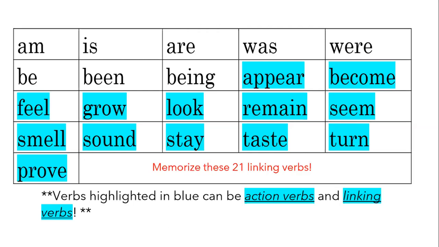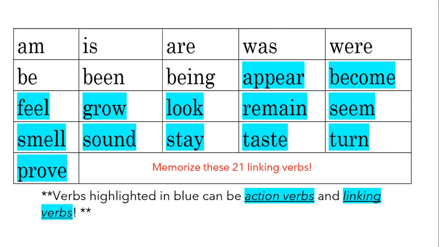Don't forget that these are the 21 linking verbs that you guys will be quizzed on. So it is important that you memorize it because you need to identify the verb in the sentence as soon as you see it. Okay, you shouldn't have the paper next to you at all times to be able to recognize whether that is a linking verb or not. Okay, so these are the 21 linking verbs.